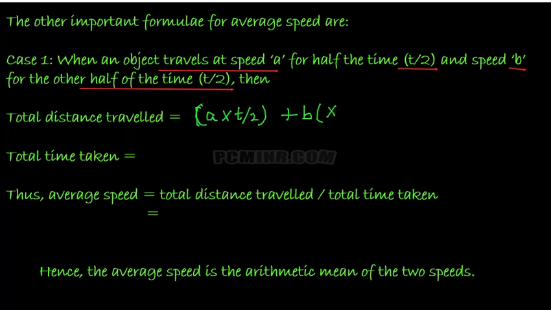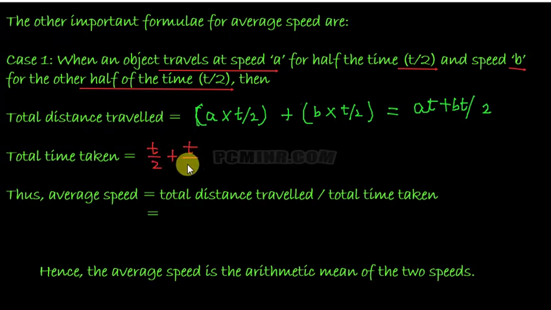So you get total distance as (AT plus BT) by 2. And the total time taken is T by 2 plus T by 2, because it's T by 2 for the first half and T by 2 for the second half. That gives us a total time of T.